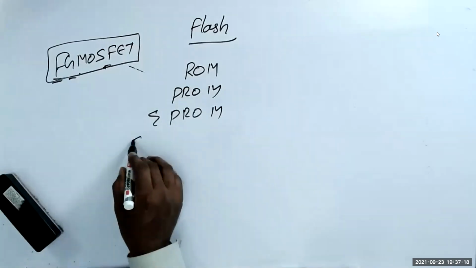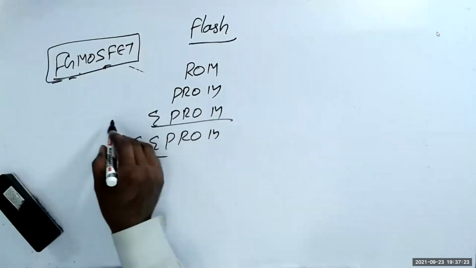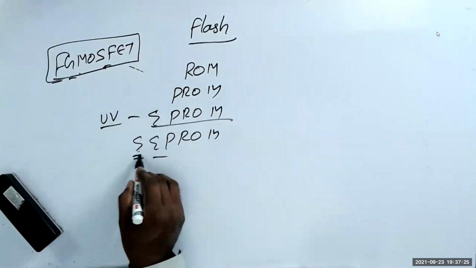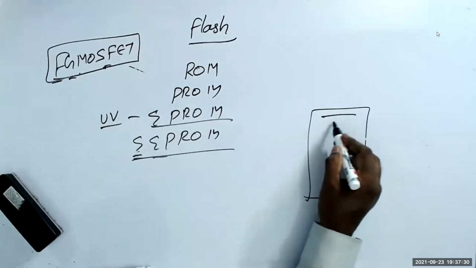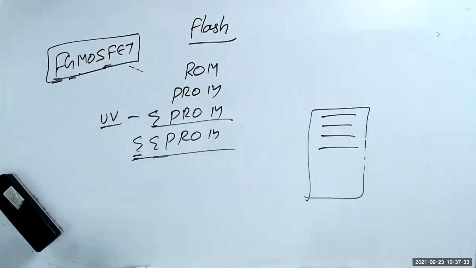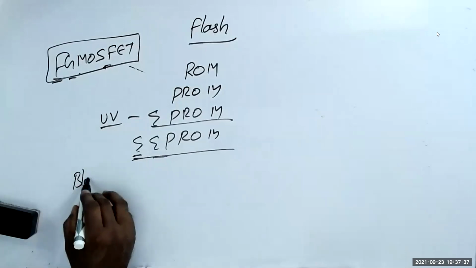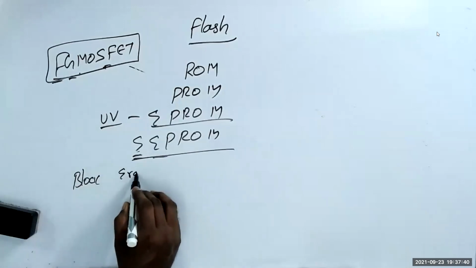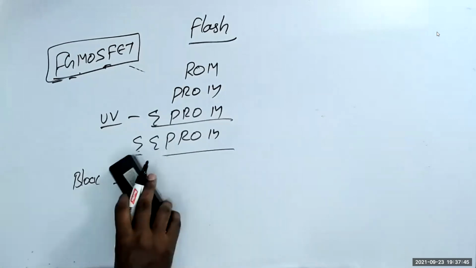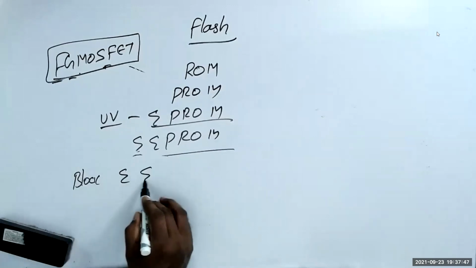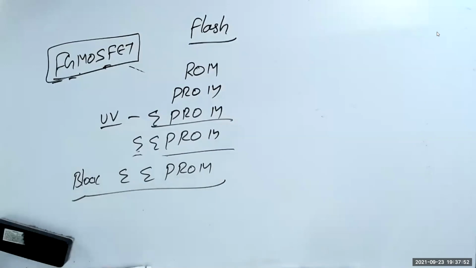Then came EEPROM. That is called electrically erasable. This is UV erasable. This is electrically erasable. But electrically I'll be erasing only 1 byte at a time. And that will become too slow. So finally, when they got block erasable, block electrically erasable PROM, am I right?